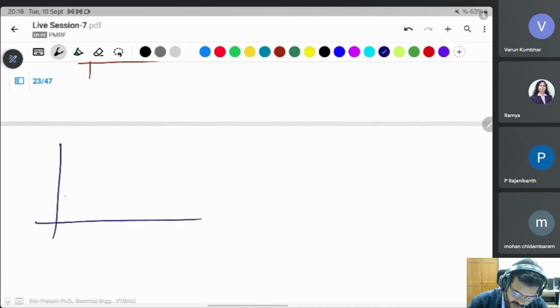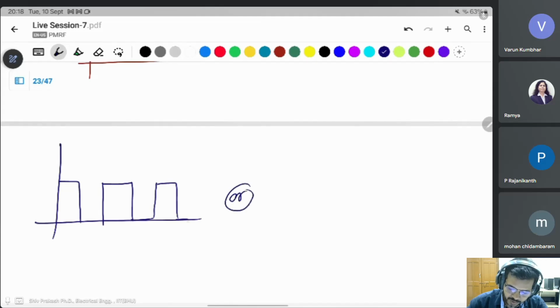Suppose there is some signal like that, any signal. Suppose this is voltage or current versus time. Fourier says any signal other than a sinusoidal AC signal or a pure DC signal contains an AC quantity, which is the harmonics.